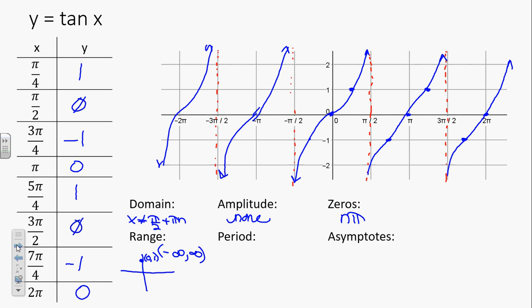This is the unique one. Okay, tangent, cotangent are the oddballs. Their period is every pi. And asymptotes, when do they occur? Pi over 2, right? And so pi over 2 plus pi n or n pi.